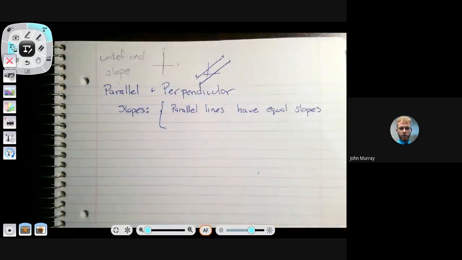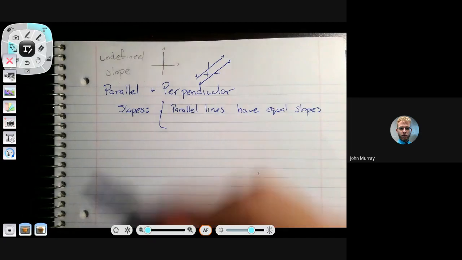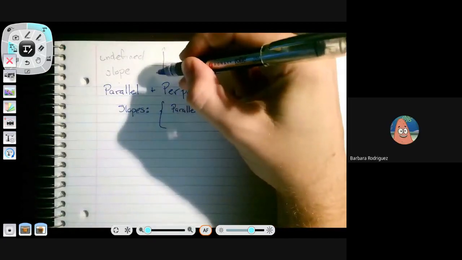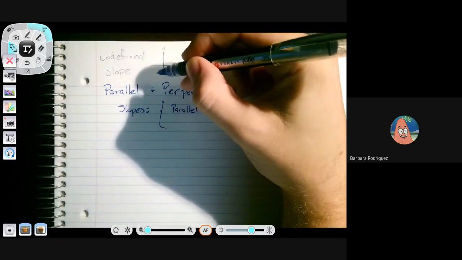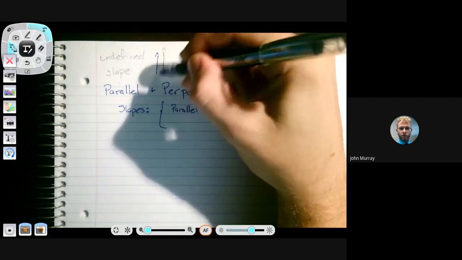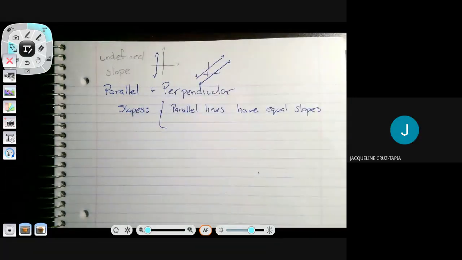Do we remember? Is it like a straight line? Oh, they're all straight lines, yes. No, but like going up or down, or like... There we go. I think I heard somebody say vertical. Vertical? Okay, a vertical line has an undefined slope.